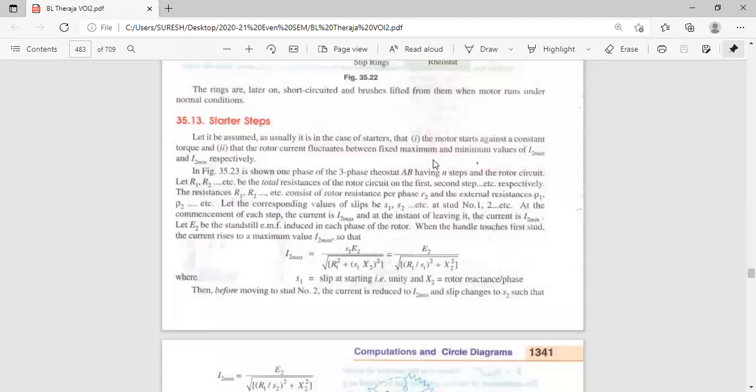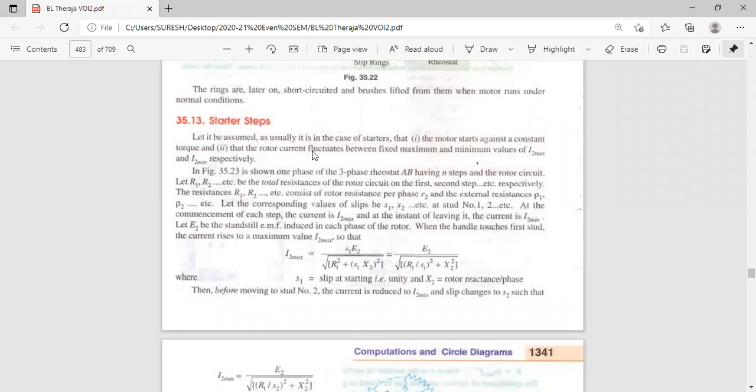The maximum current and minimum current. Why are they taking I2 max and I2 minimum? Why not I1 max and I1 minimum? What is the current in the rotor, I2 or I1? I2. The current in the rotor is I2, but the current in the stator is I1.